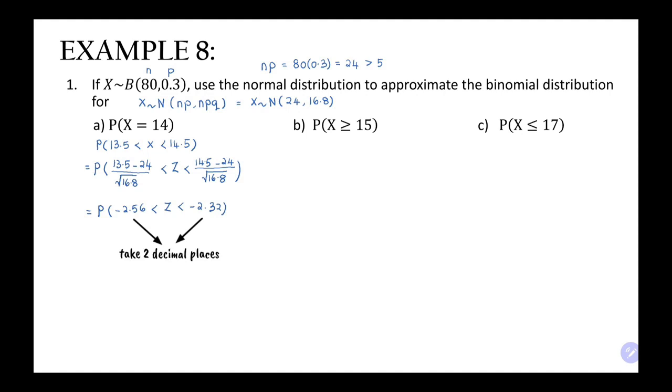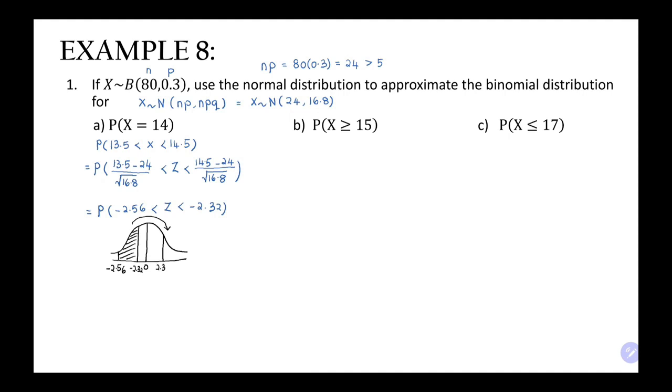Then we check the area, we sketch the bell shape. We have negative 2.56 and negative 2.32. So our area is here. Then we know this area same as this area.